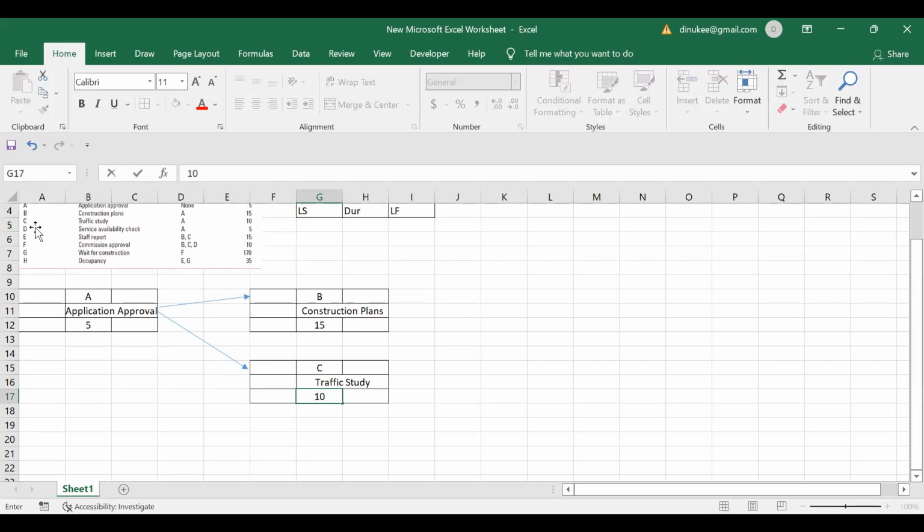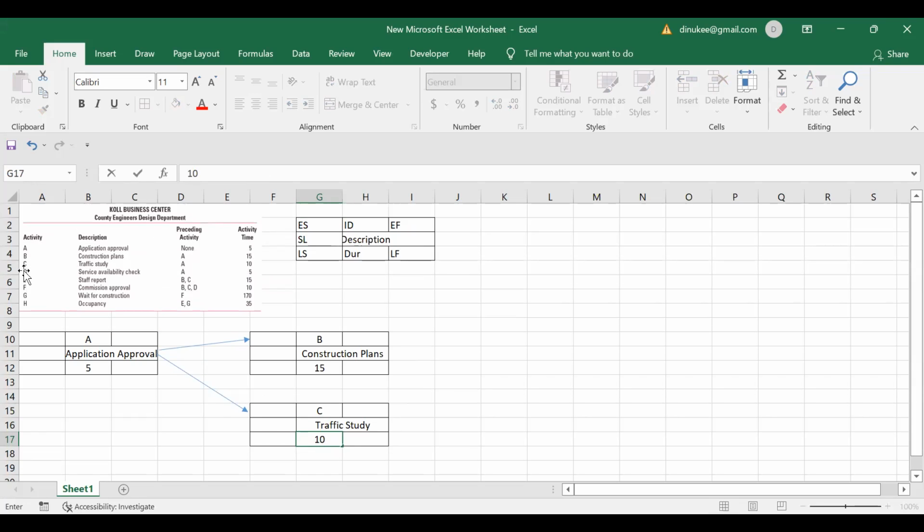That's all up to this point, up to the activity C. And you can see for the activity D, activity A is the preceding activity again.